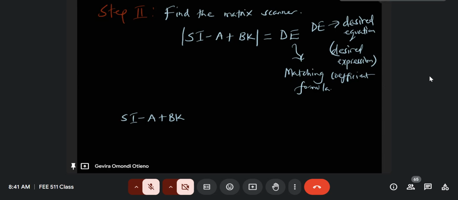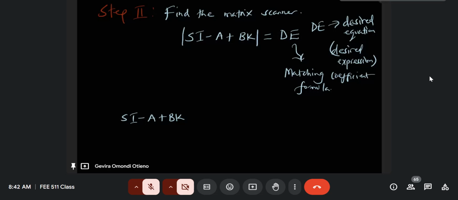So that is the design element. That's why we are calling it the matching coefficient formula. We need to match the characteristic expression of our design to the desired expression, and then we'll be able to obtain our solution. That is what is critical.